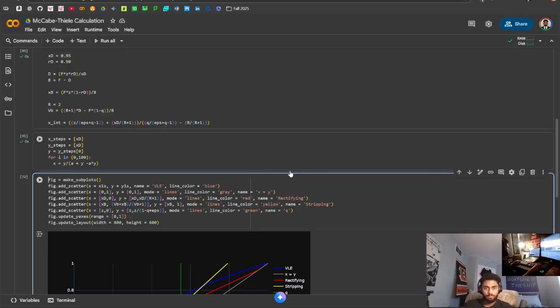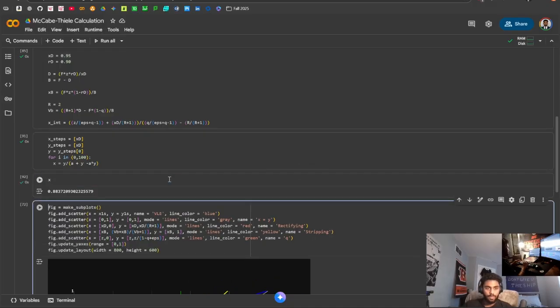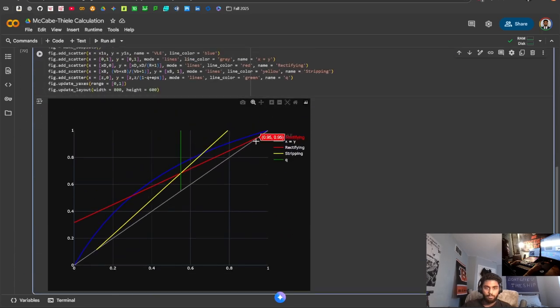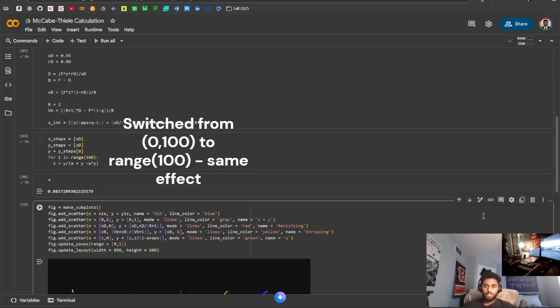So let's see what that first x is. It looks something like this, just a little bit lower, and that actually doesn't look too bad, I don't believe. If this is at 0.9, it's a little bit lower. So yeah, about that range. Let's continue on with this now.